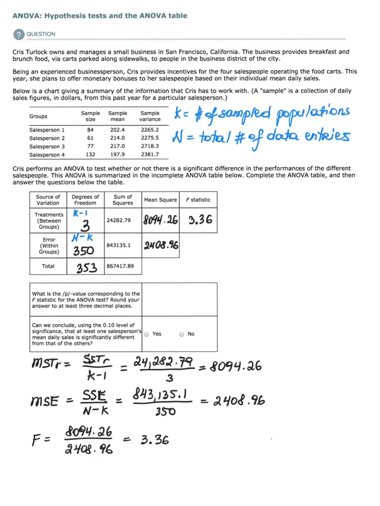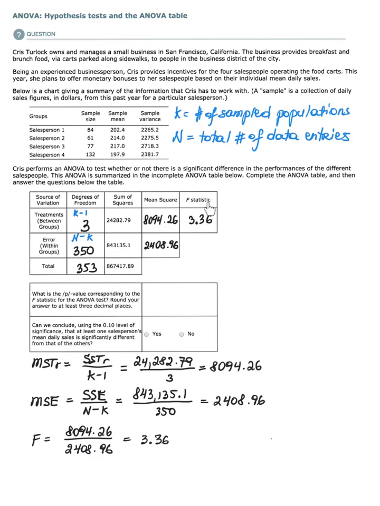Similarly, take error sum of squares 843,135.1 and divide by its corresponding degrees of freedom of 350, which is uppercase N minus K, and that yields 2,408.96.